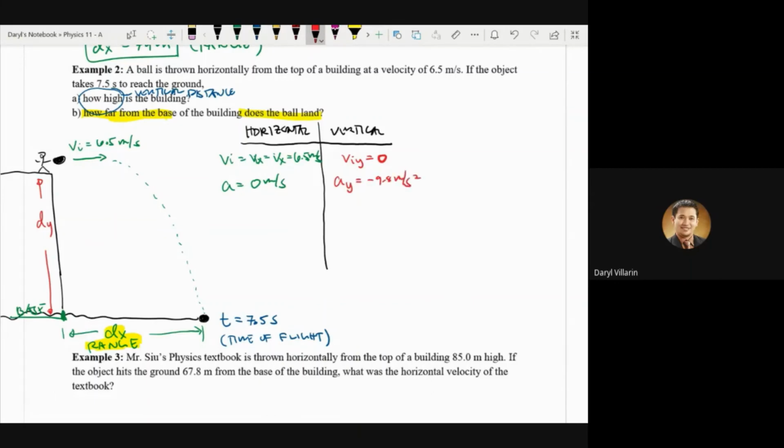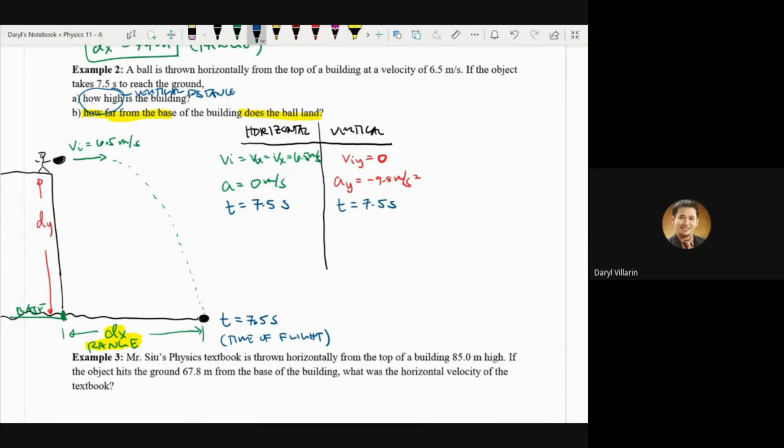Again, taking note, the coordinate system that we use is the Cartesian coordinate system that we are known of. And what else? The other thing is the time. So time is given as 7.5 seconds. And that is also the same time for my vertical component.